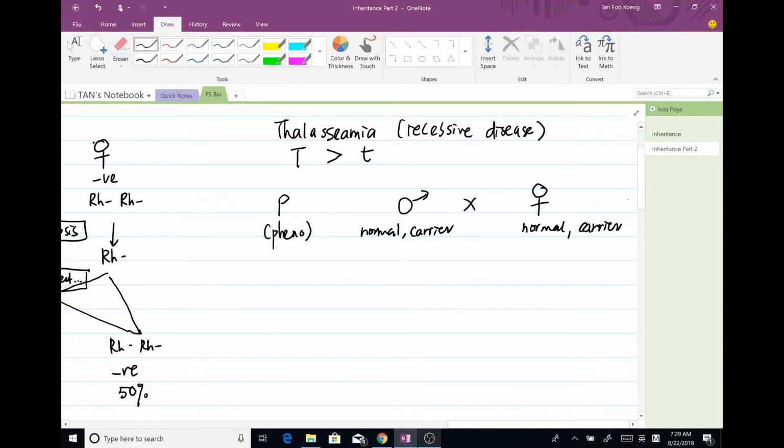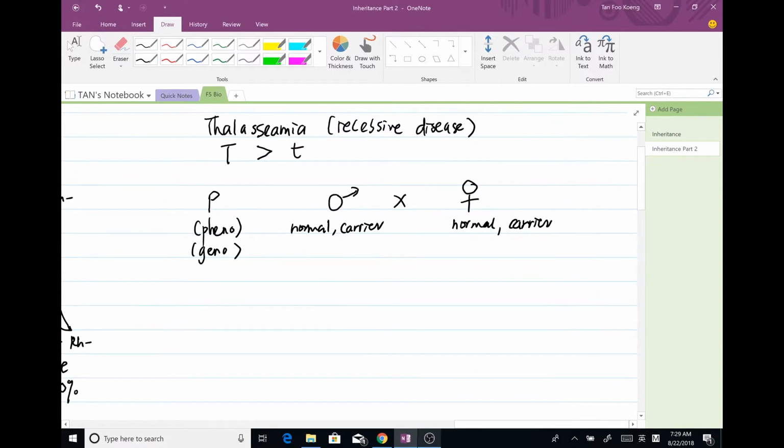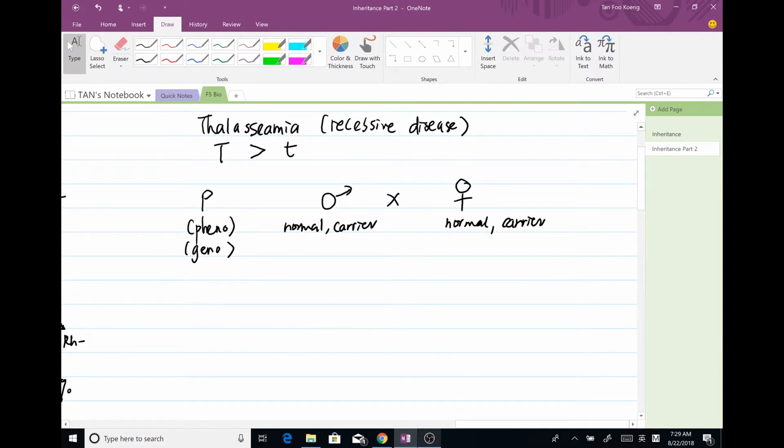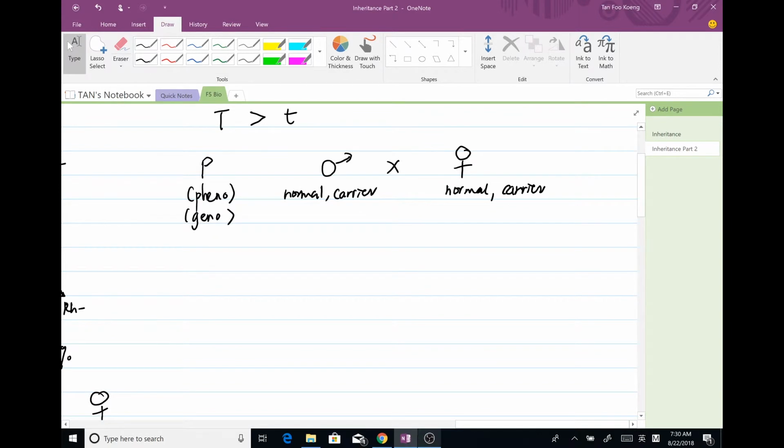And from the appearance, they are just like normal human beings. Since they look normal, they do not know they are actually carriers of thalassaemia. However, the phenotype of thalassaemia will be shown in the offspring. Let me show you. So first, let's write down the genotype of the father. The father is a carrier, so he must be heterozygous.